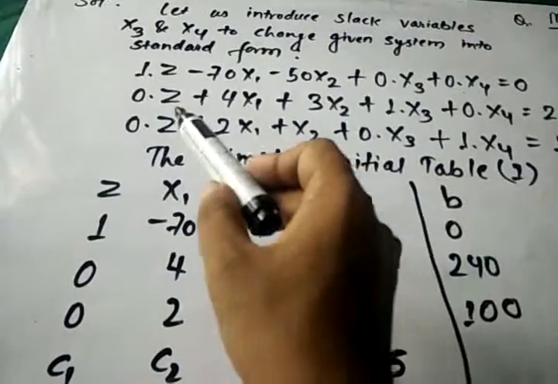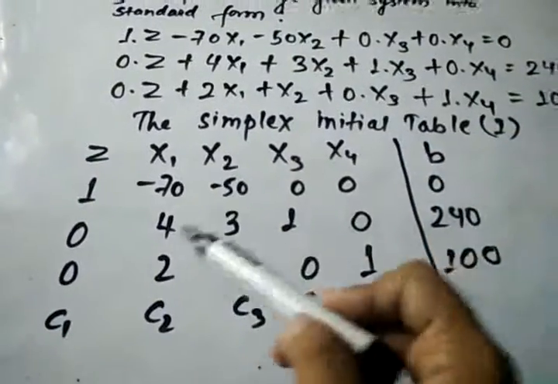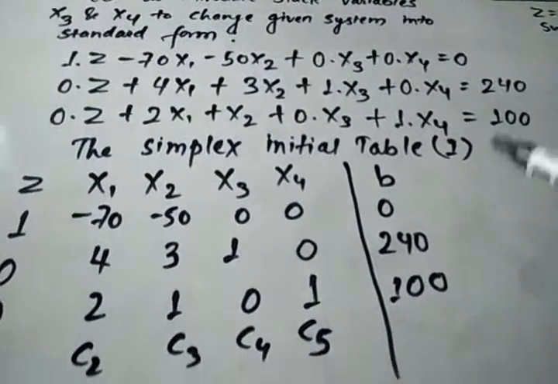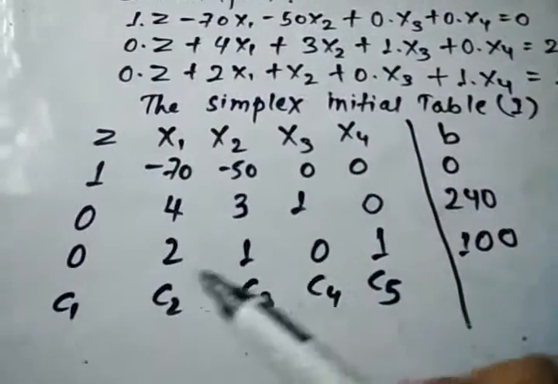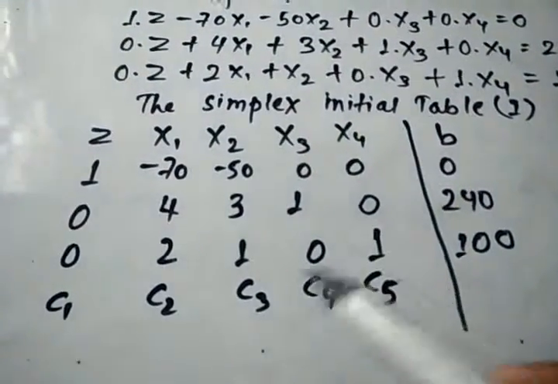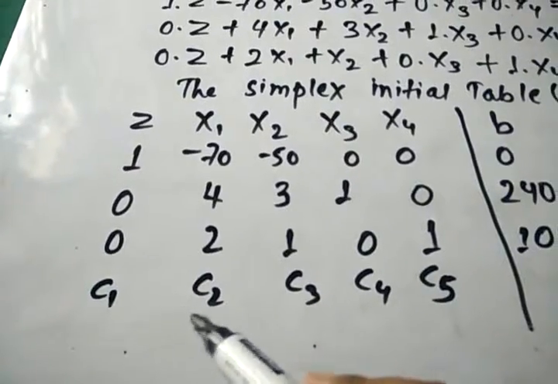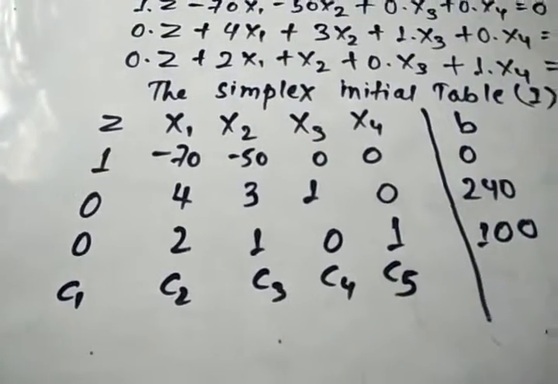Similarly 0, 4, 3, 1, 0 with 240, and 0, 2, 1, 0, 1 with 100. These are column 1, column 2, column 3, column 4, column 5.